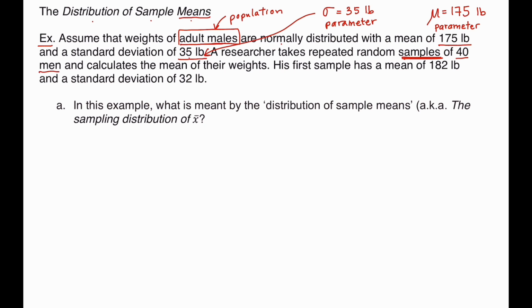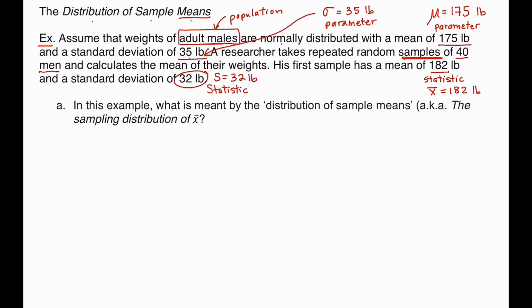Well, that was calculated from a sample, so this is a statistic, and the correct notation is X bar is equal to 182 pounds. And this 32 is also a statistic because it is calculated from the sample of 40 men. It's the standard deviation, and we use the notation S equal to 32 pounds.